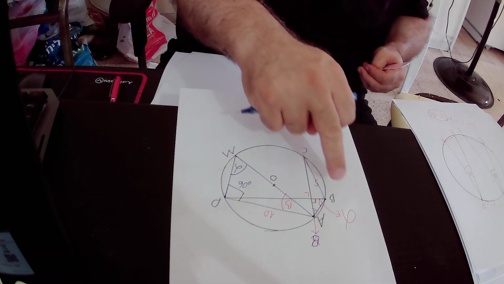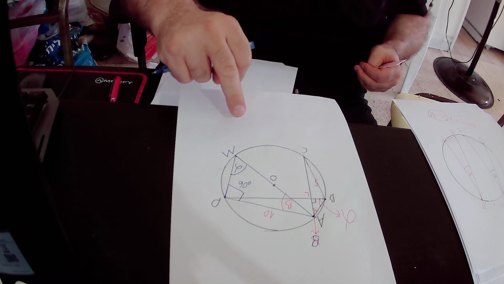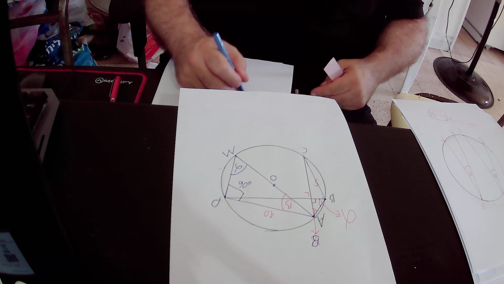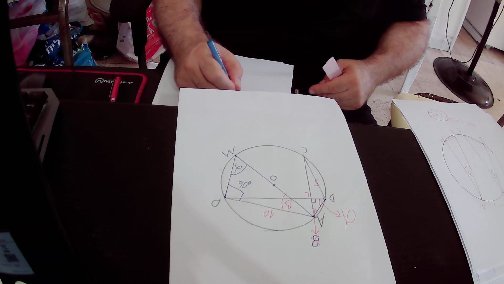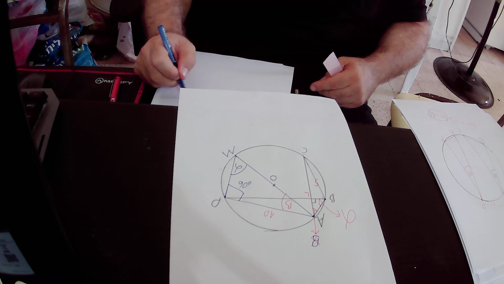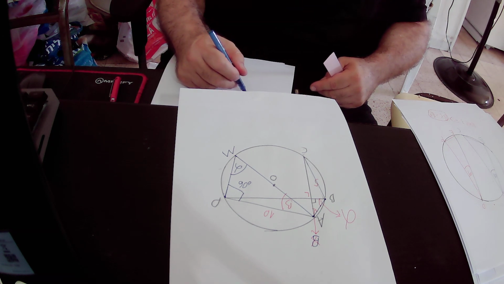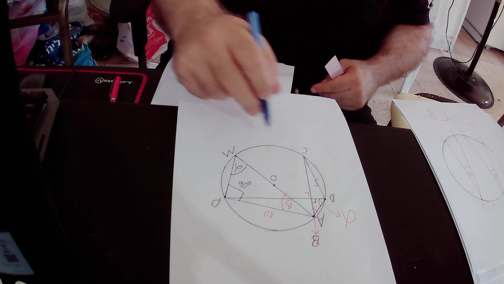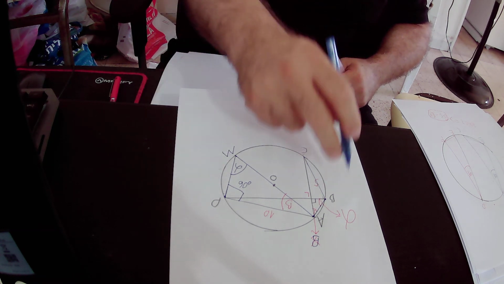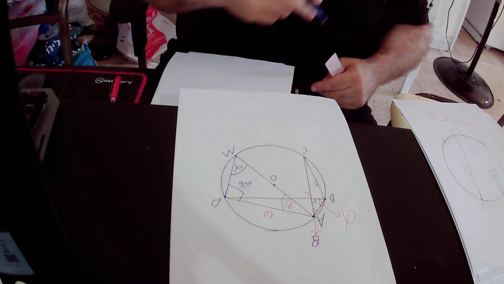That is to say, BC equals MD, or chord BC equals chord MD.